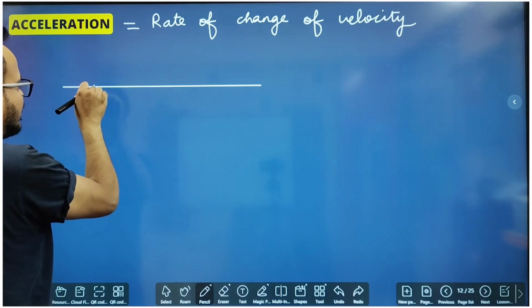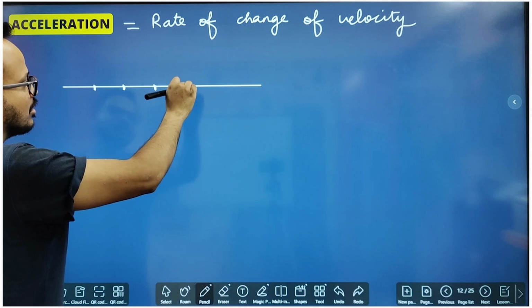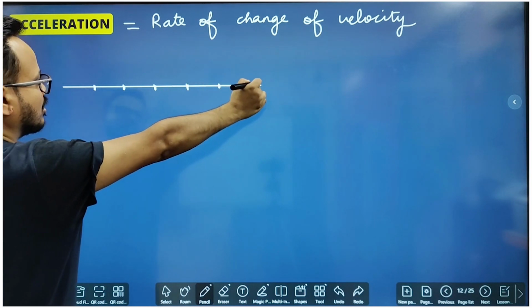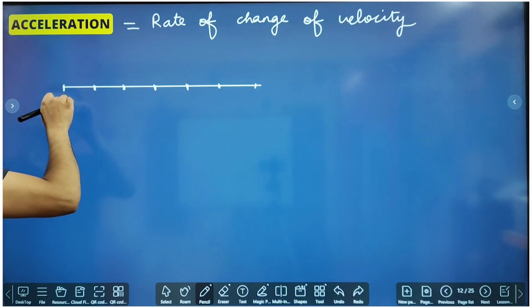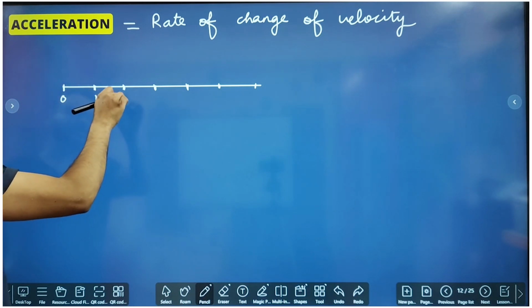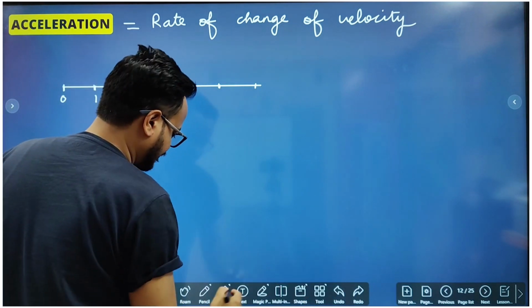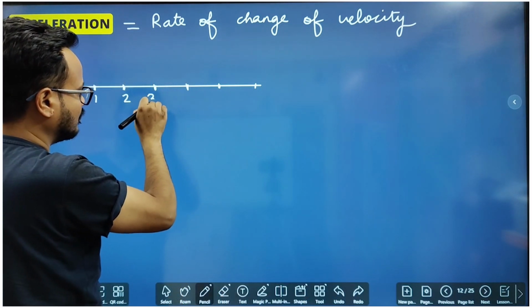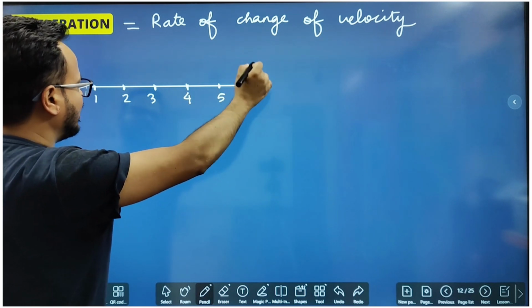Let's divide this timeline into equal intervals of 1 second. We have divided this timeline into equal intervals of 1 second: 0, 1 second, 2 second, 3 second, 4 second, 5 second, 6 second, and so on.